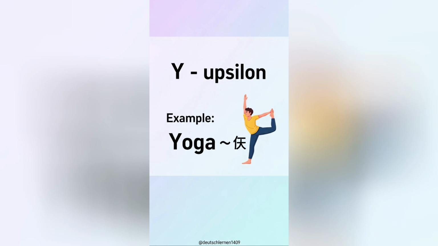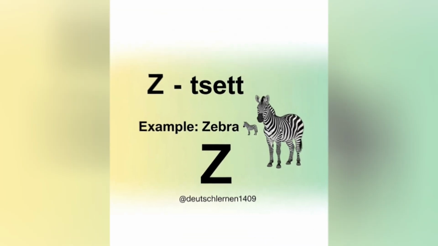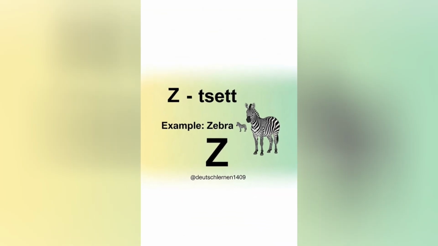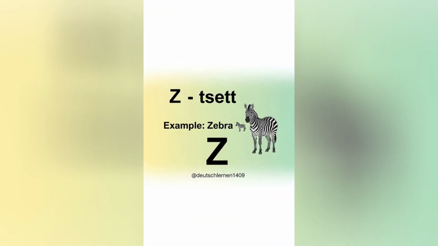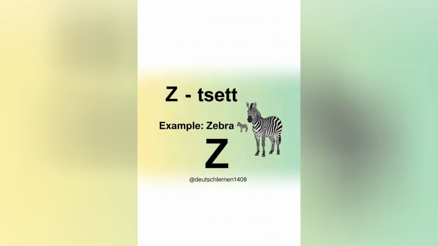In German, Y is pronounced as Ypsilon, mostly used in foreign words. For example, Yoga, that means yoga. The letter Z is pronounced as Zet. For example, Zeit, meaning time.